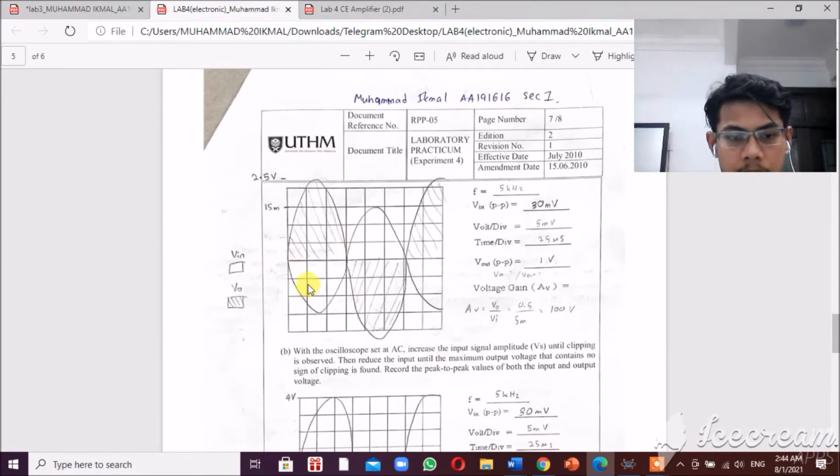So the V in is here down, and the V output is from here, and the V output also will be high because of the amplifier.